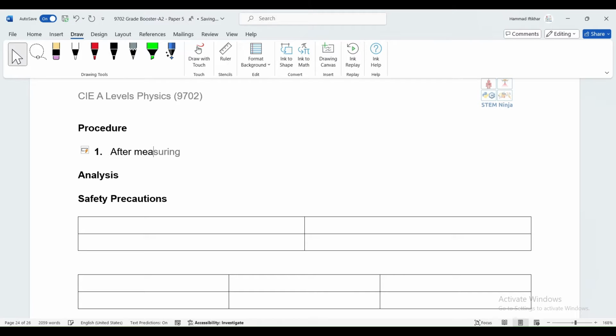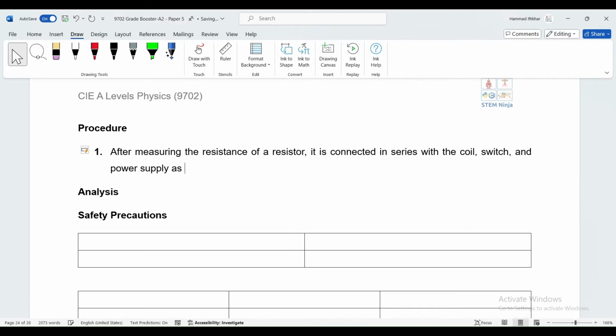After measuring the resistance of a resistor, it is connected in series with the coil, switch, and power supply as shown in the diagram.